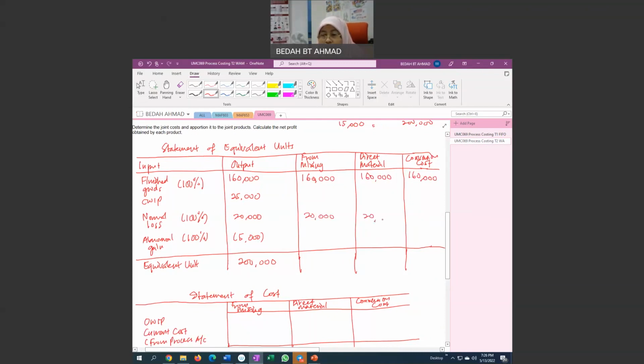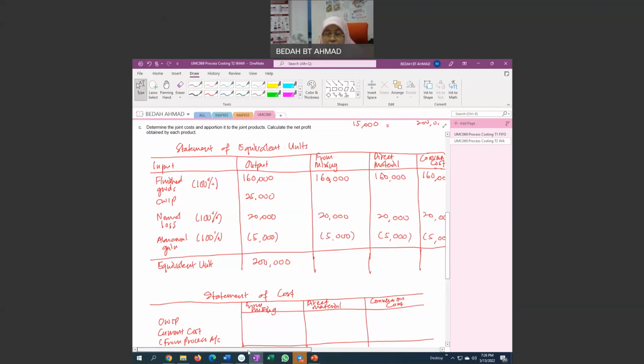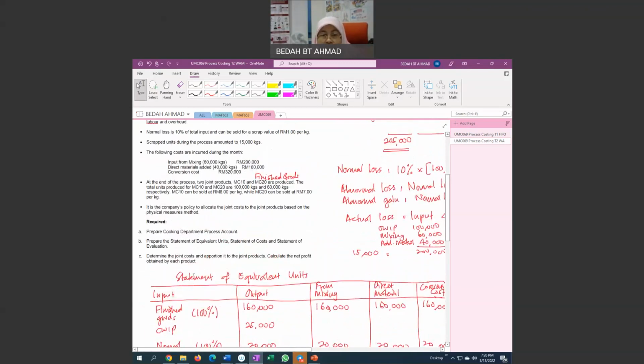So here 20,000, and conversion cost also is 20,000. For the abnormal gain also it is 100% completion, from the mixing process, previous process, direct material, as well as the conversion. Only for the closing work in progress is there a degree of completion mentioned.